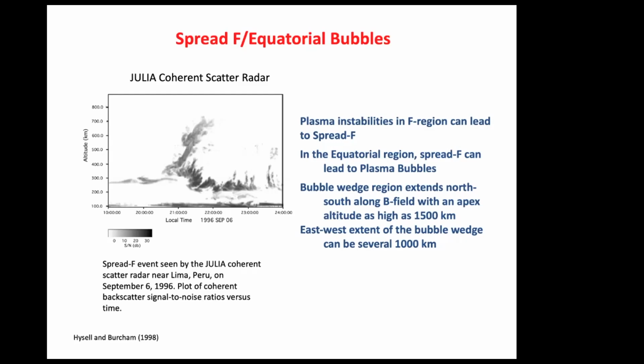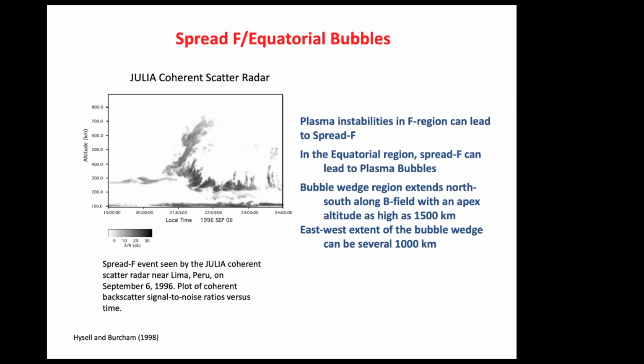A depleted wedge extends north-south along the B field, and it also extends east-west by up to several thousand kilometers. Basically, the bubble wedges look like upside-down watermelon slices. The east-west distance between separate bubble wedges ranges from tens to hundreds of kilometers.